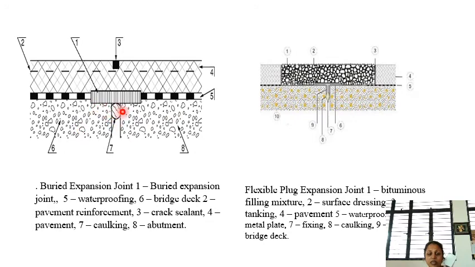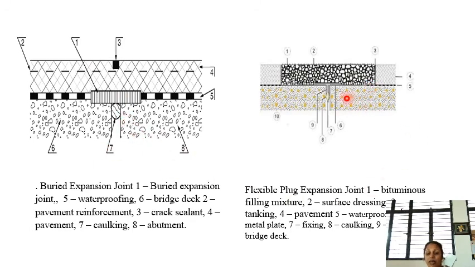This is the joint that is buried inside. This is the waterproofing. On the abutment you have a waterproofing. In between this waterproofing you have this buried expansion joint. On top of the buried joint you have the pavement reinforcement, and the top one is the crack sealant. This is a buried expansion joint.